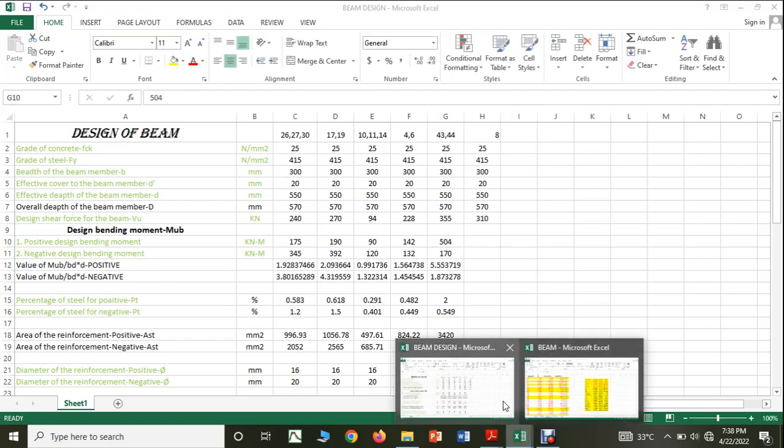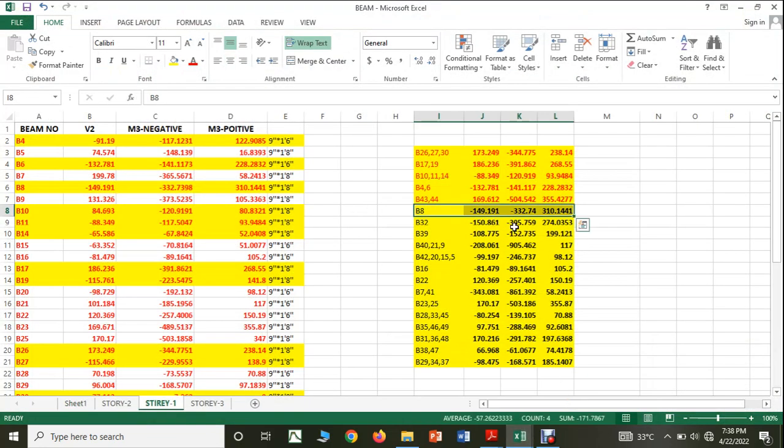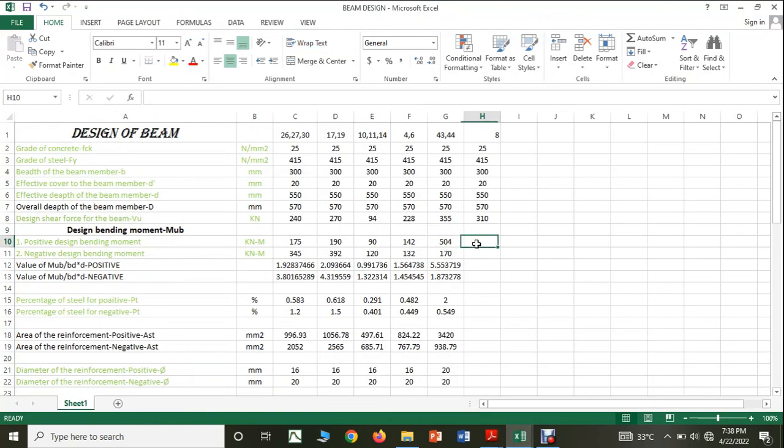And what about the bending moment values? 332 and 150. Okay, so therefore what will be your Mu by bd square values? Yes, so 3.6.